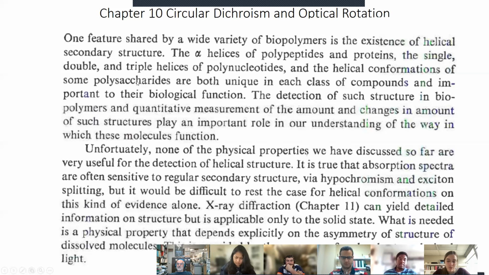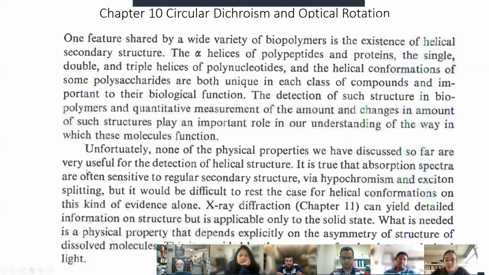There are helical conformations in polysaccharides, etc. But absorbance and fluorescence don't necessarily see that. Okay, I just described to you how it affects absorbance, but it's not necessarily easy to relate it to the nature of the interactions, because it's just showing you absorbance is up or down, and slightly shifted, but it's not generally easy to do.